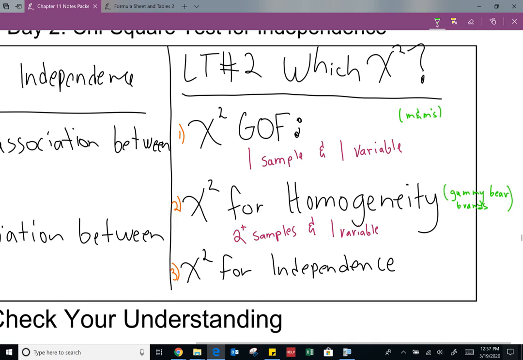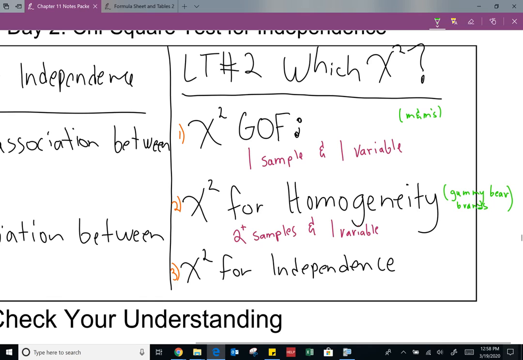We had Haribo, and we could have also grabbed in Black Forest and maybe Target brand gummy bears, and we could have had 4 samples of gummy bears and just tested to see, are the color distributions all the same for each.